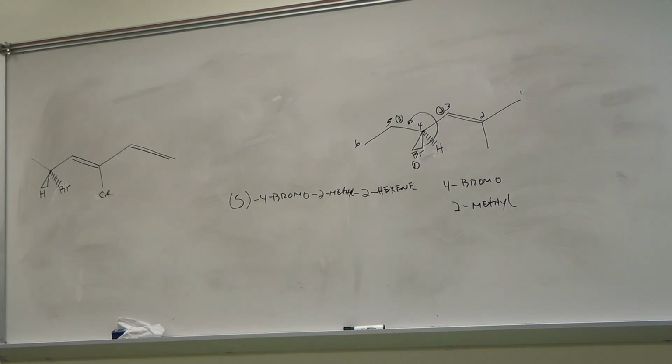Now you have to account for each one. So it's 2 comma 2 for the hexene. 1, 2, 3, 4, 5, 6. Then start on the left. 1, 2, 3.